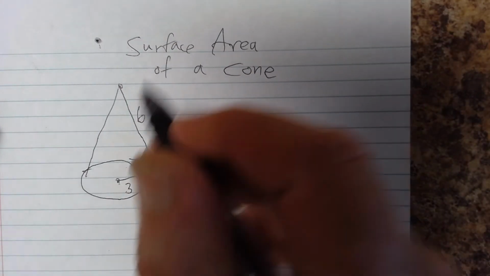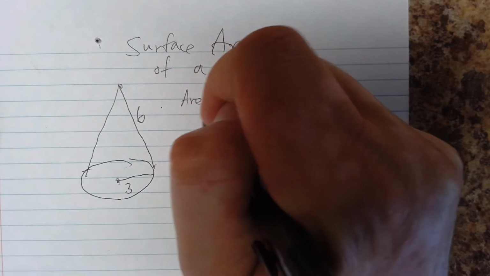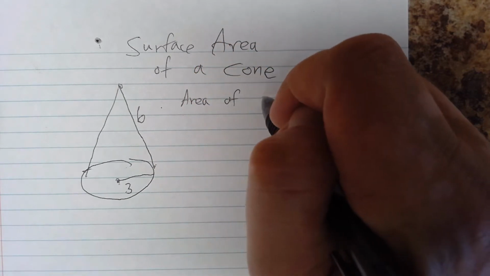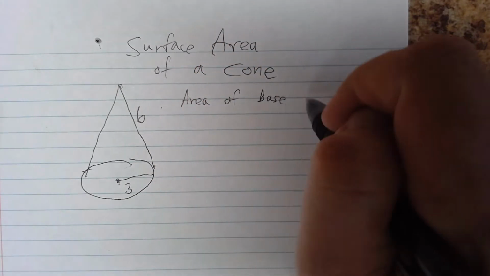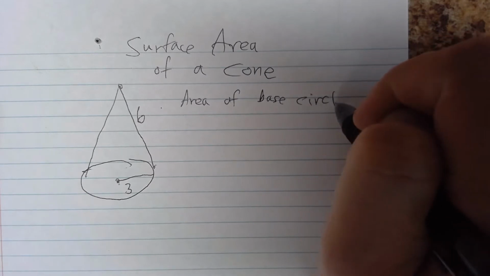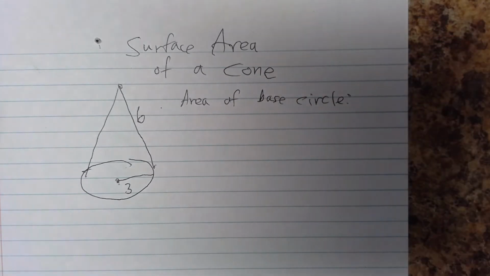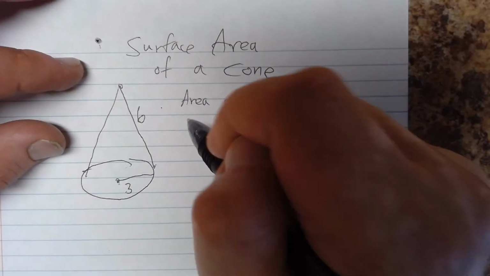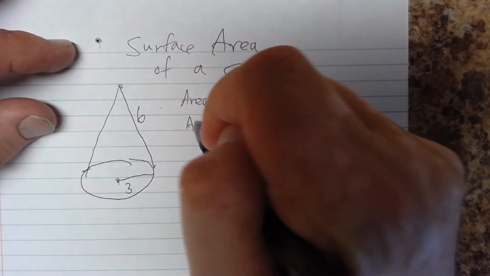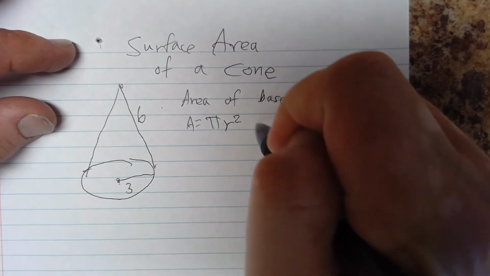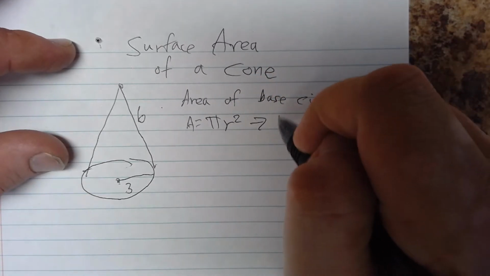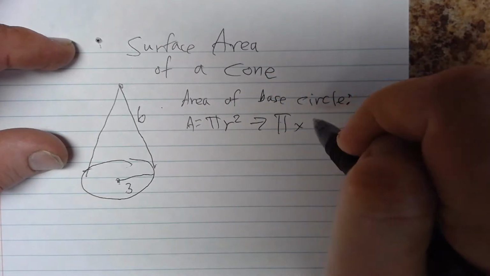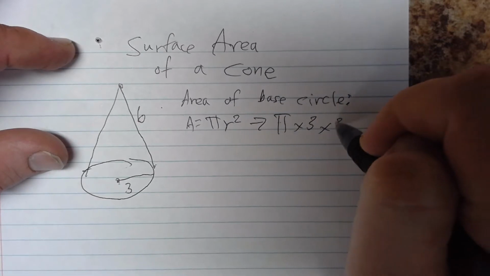First I do the area of the circle. Area of base circle. Simply area equals pi r squared. Pi times radius, which is 3, times 3.